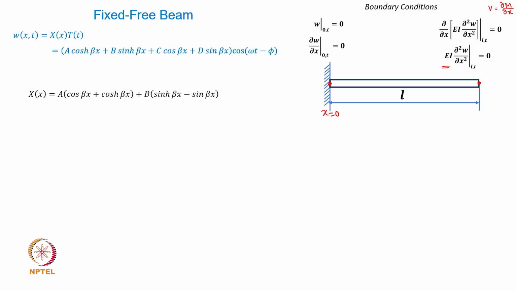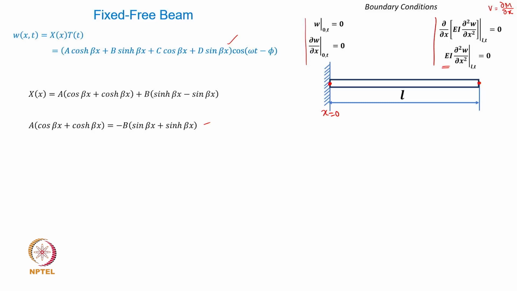When you implement these boundary conditions, this is what you will get. The constants may have been flipped here and there, but you can treat these as the general solution. From here, when you apply these four boundary conditions, you get this as one of the equations.